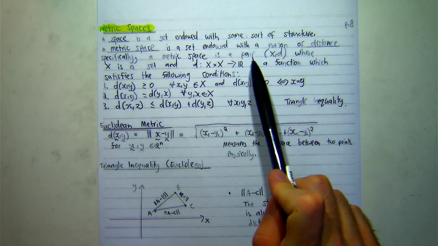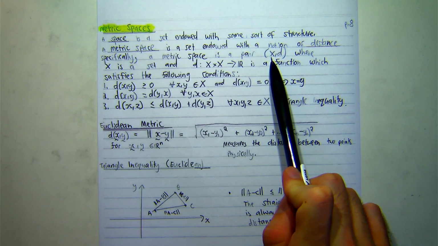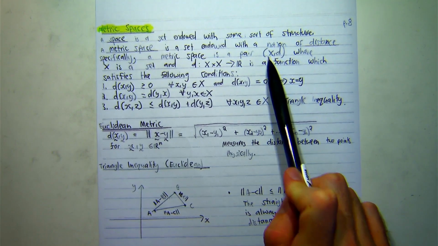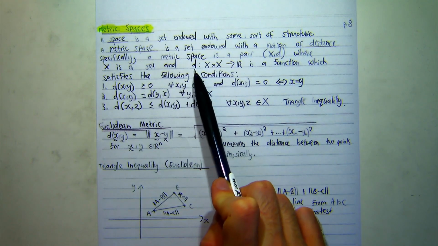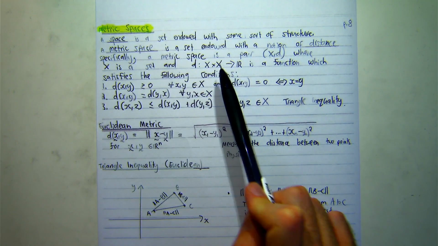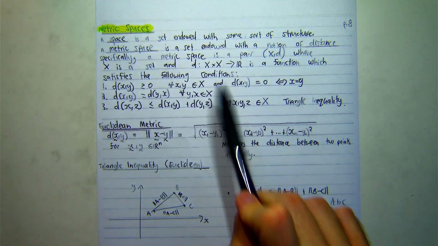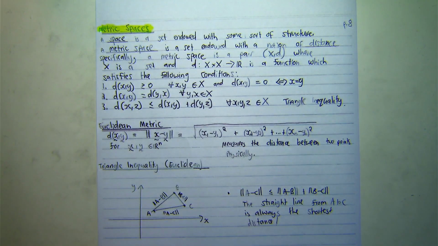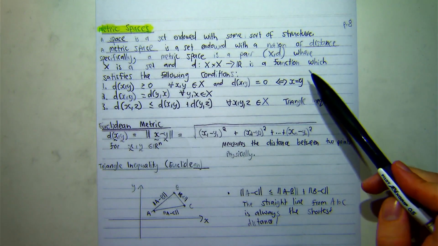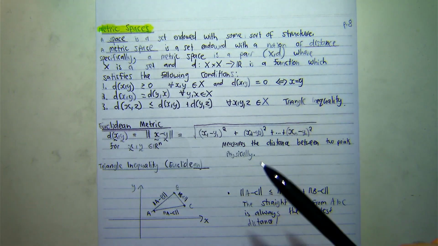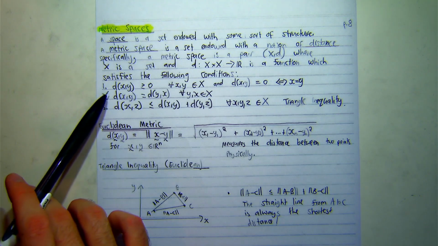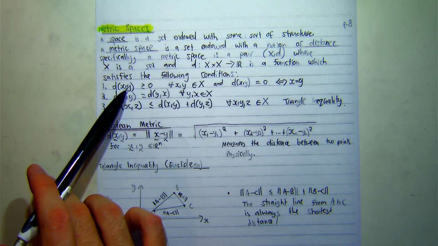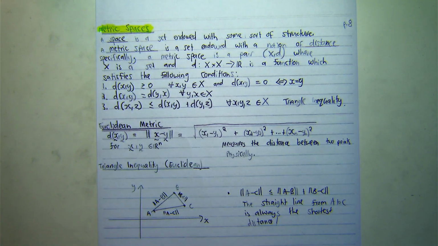So a metric space is defined on X, which is the set, and then the distance function d, and this distance function maps from X cross X to R. This function specifically satisfies 3 properties for it to be a metric space. The first property is that the distance function on x and y has to always have an output that's greater than or equal to 0.